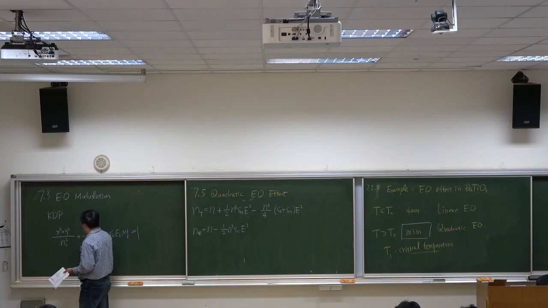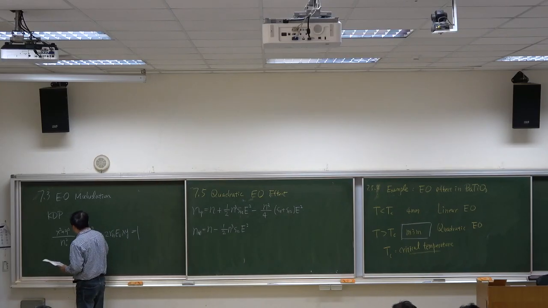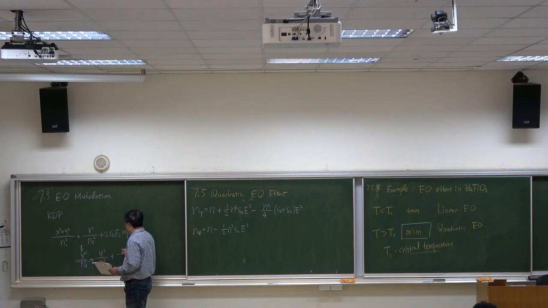Then we can rotate the coordinate axis 45 degrees with respect to the z-axis. Then we find x prime squared over nx prime squared plus y prime squared over ny prime squared plus z squared over nz squared equal to 1.